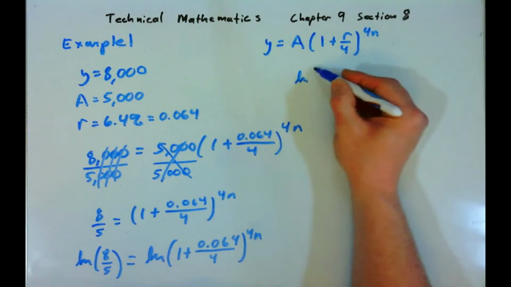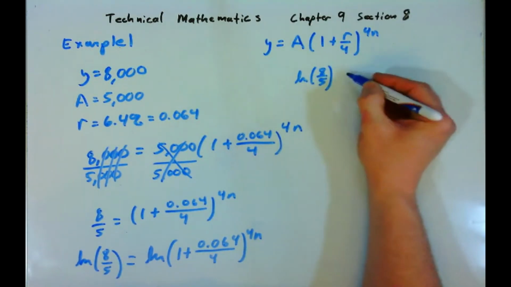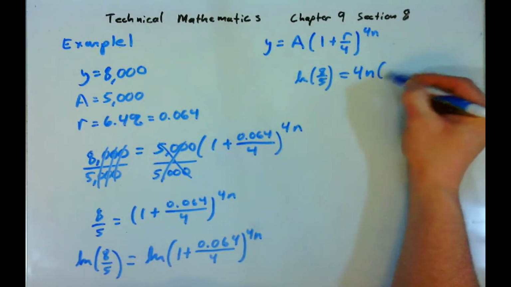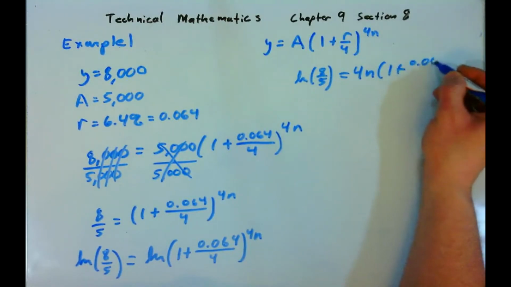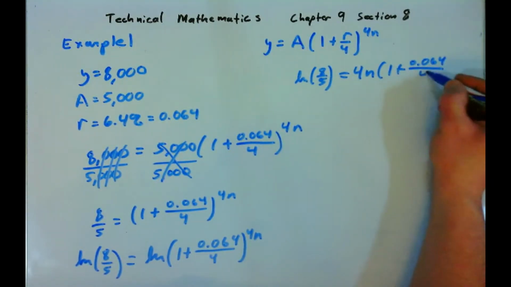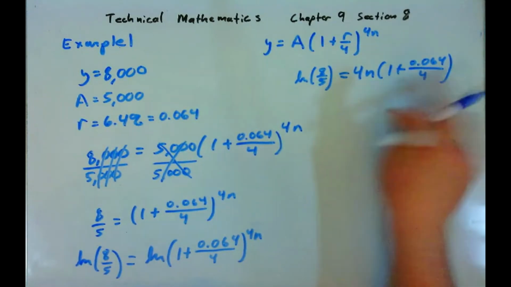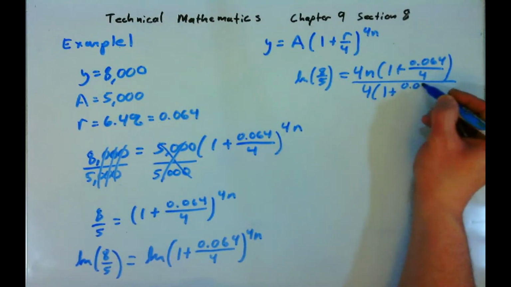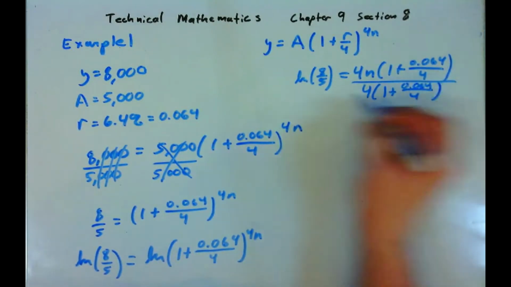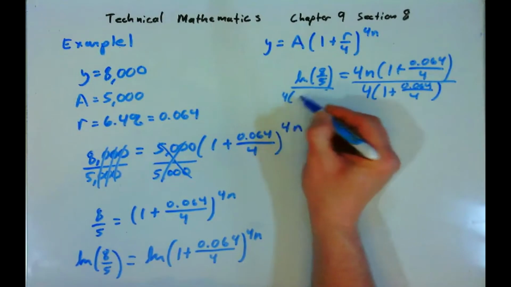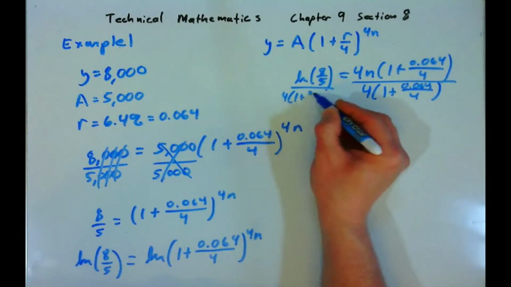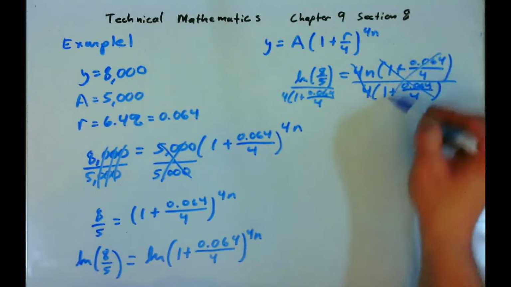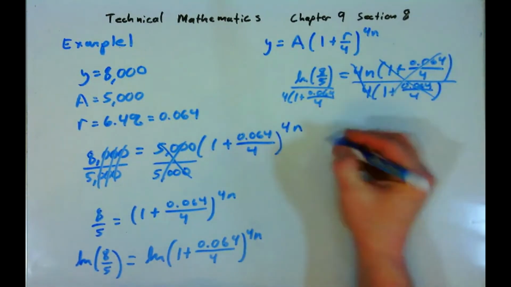And so we get the natural logarithm of 8/5 is equal to 4n comes out times 1 plus 0.064 divided by 4. Now I can solve for n by dividing by 4 times 1 plus 0.064 over 4 on both sides, so that the 4 cancels and everything in the parentheses cancels, and we'll be left with n.